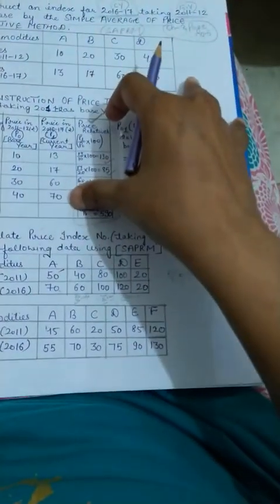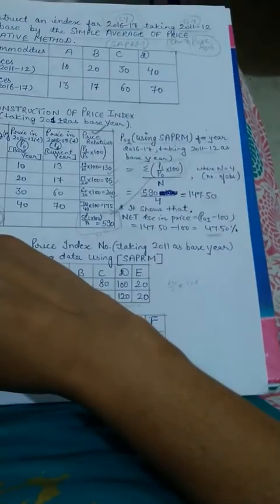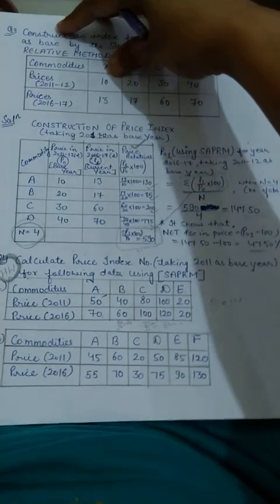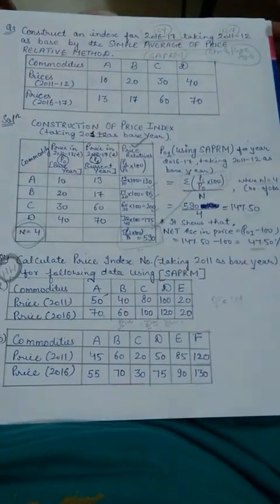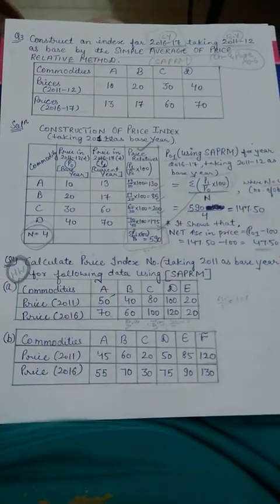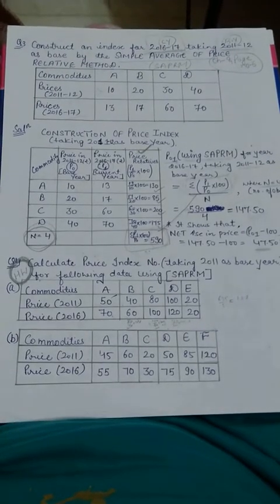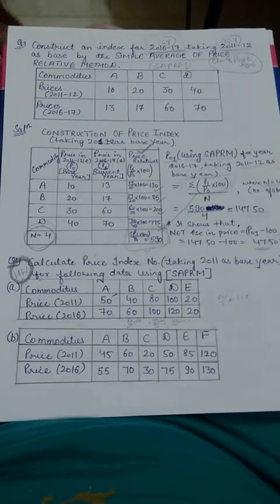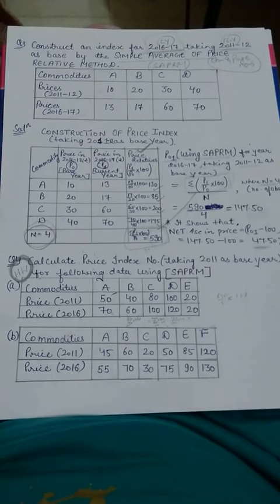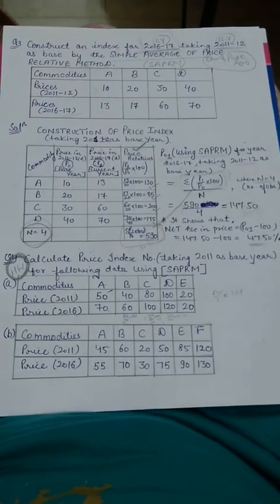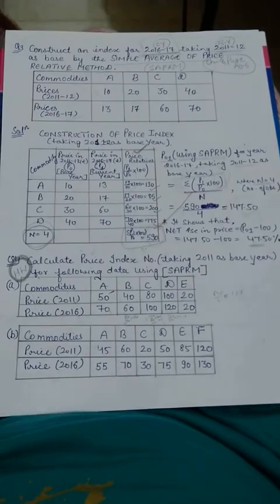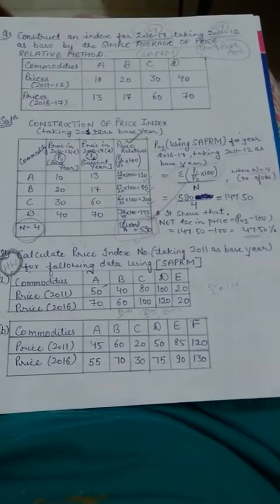This was pages 4 and 5, and this one is page number 6, which is showing you construction of index for 2016 and 17 using the simple average of price relative method. That is your construction of price index. 2 questions for your homework.